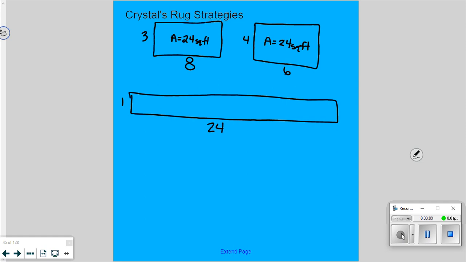If it is a 1 by 24, what's the area? Not a trick question. If you have 1 row of 24 square tiles, how many do you have? Madison? 24.